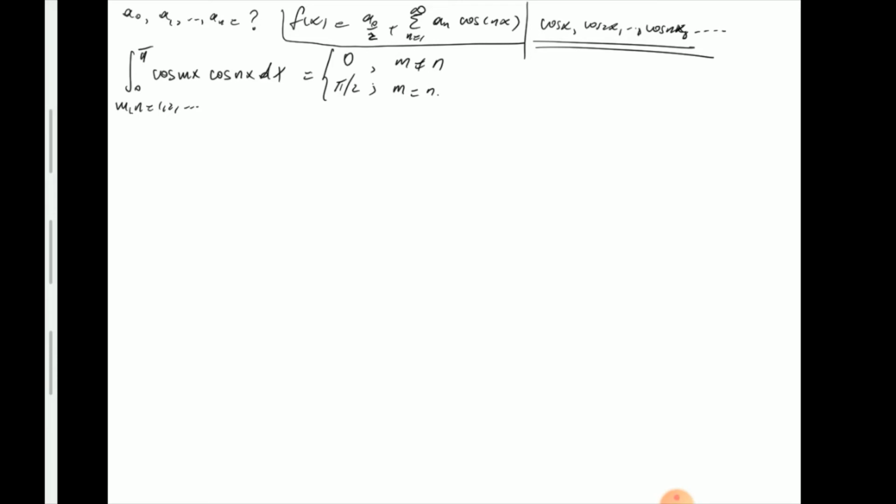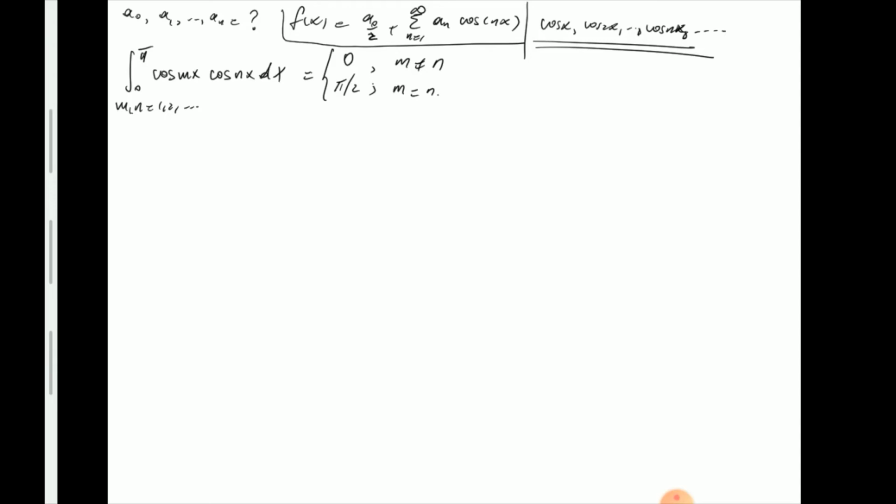So each time you pick two of them and multiply and integrate them between 0 and pi, you always get 0 except when m is equal to n. So let's actually prove this. There is also a homework problem when you have sine and cosine instead. Let's prove this.